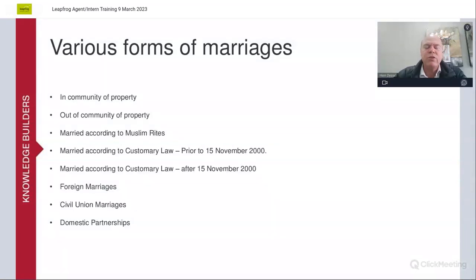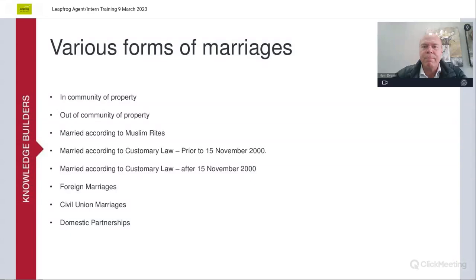We've got marriage according to the customary laws of South Africa. We'll have a look. There's a slight difference in marriages prior to 2000 and after 2000, when the Recognition of Customary Marriages Act came into operation in South Africa. Then we've got foreign marriages. We've got civil union marriages.